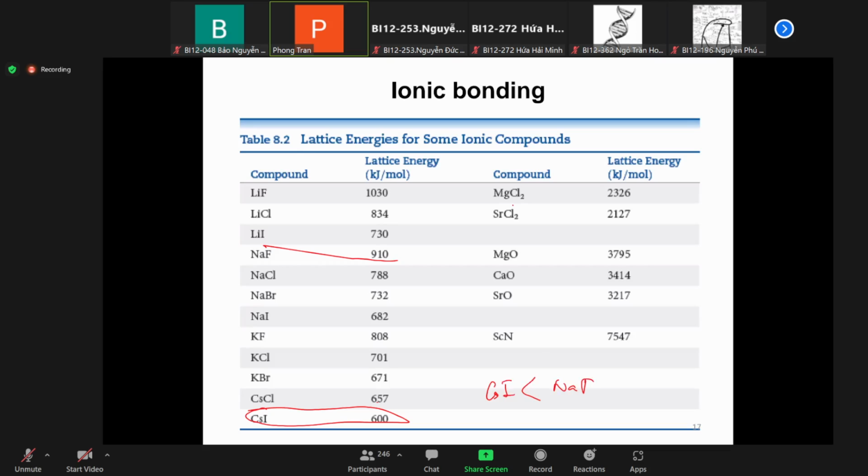And you see calcium oxide is 3,400. It's almost 4 times compared with sodium fluoride. So this experimental value, people can do the measurement.